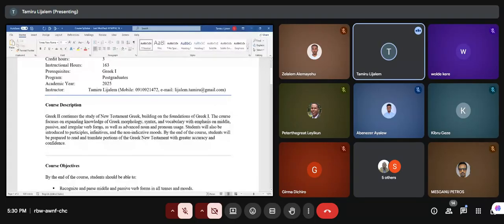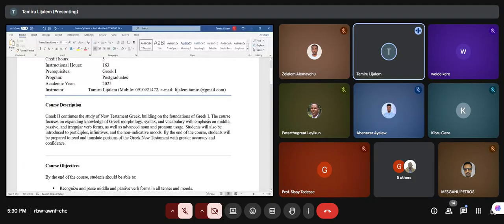And the student will also be able to identify participles. The other name for participles is verbal adjectives, and infinitives are verbal nouns, and the other moods. We generally have two types of moods, indicative and non-indicative.